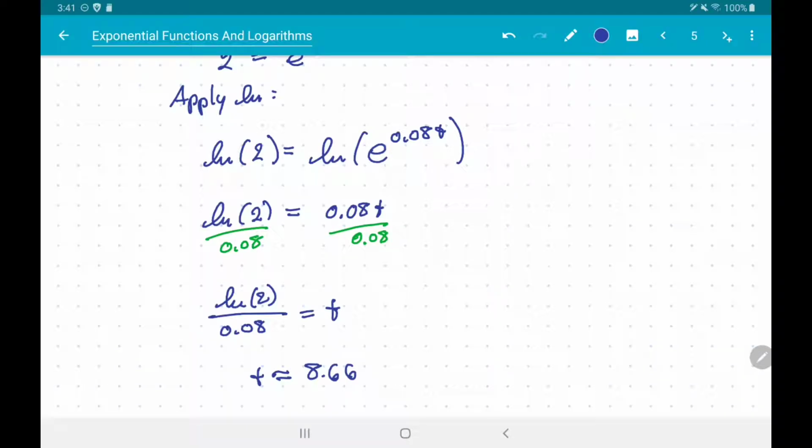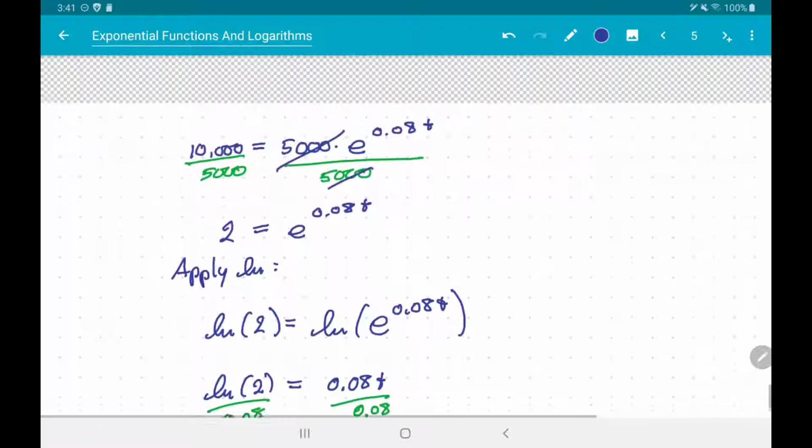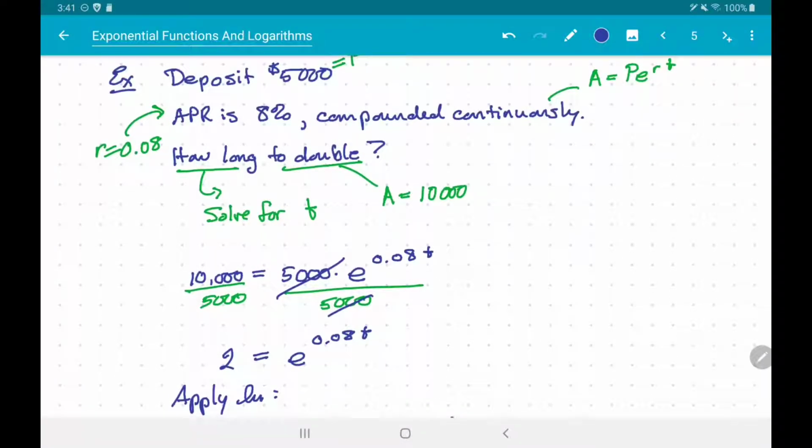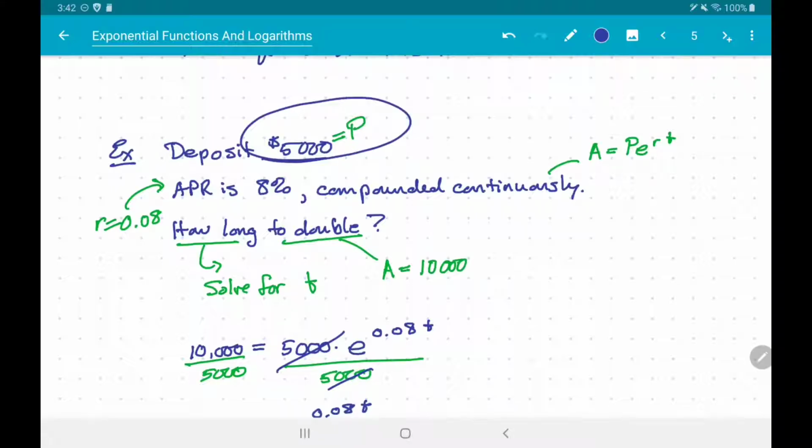Now, you may have noticed that right here at this step, we divided both sides by that 5,000, and the 5,000 and the 10,000 simplified down because we divided and we just got 2. It turns out that you don't actually need to know what the principal is to solve a doubling time problem.